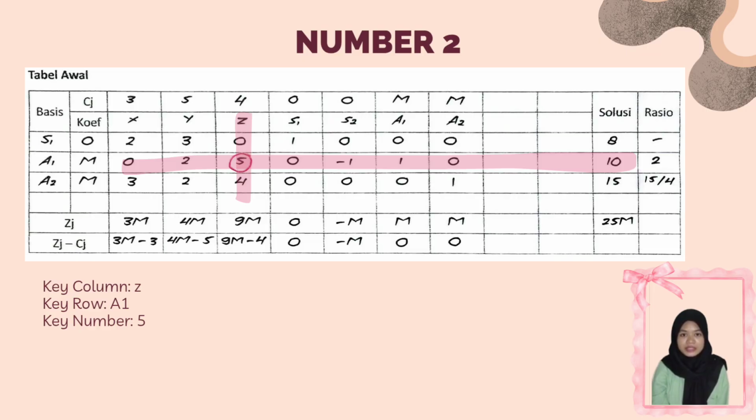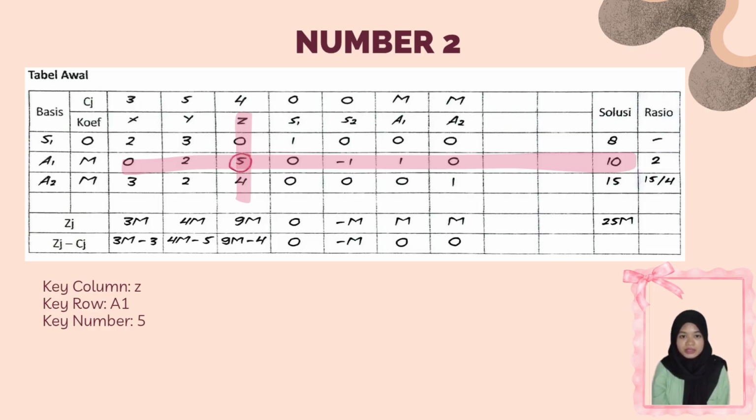Now I create the initial simplex table. The columns are x, y, z, S1, S2, A1, and A2. The basis variables are listed on the left side. The solution column shows the right-hand side values. The ZJ value is obtained by summing all the results of multiplying the variable coefficient by the base coefficient.